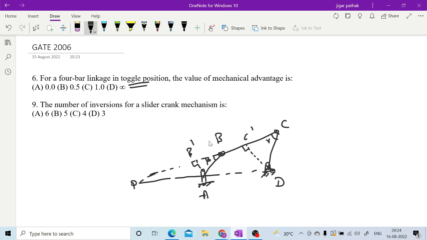So now here what they are asking is to calculate the mechanical advantage in toggle position.